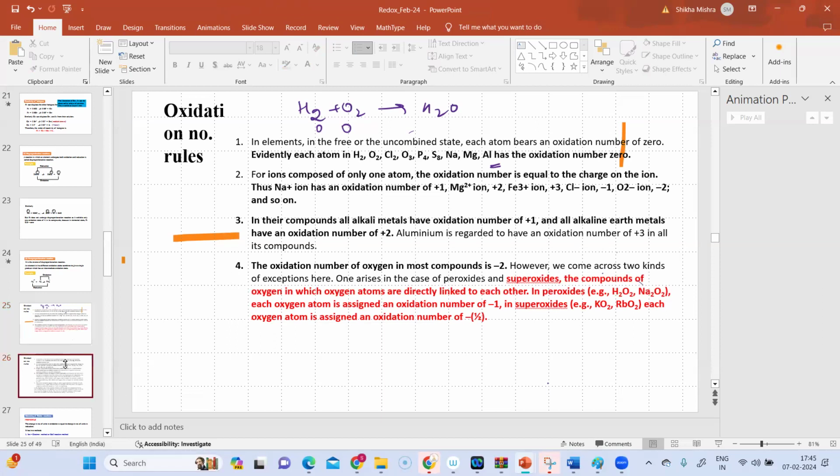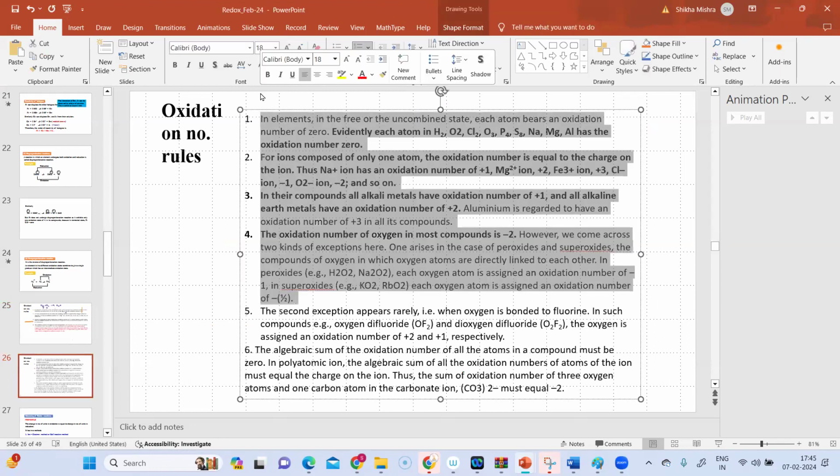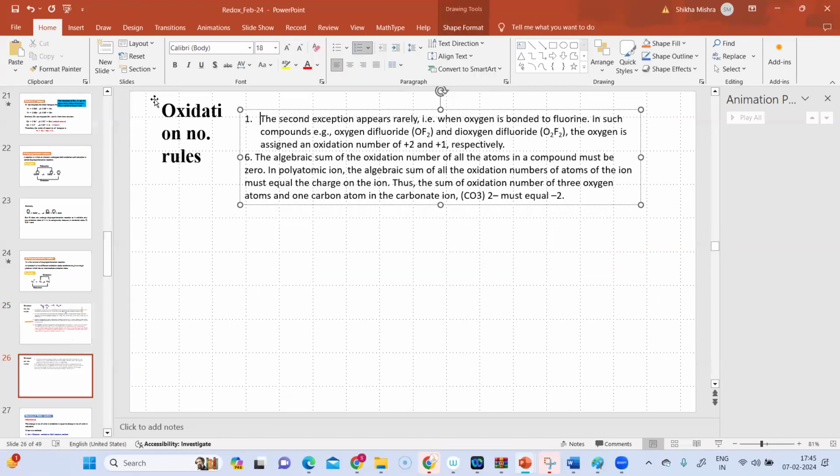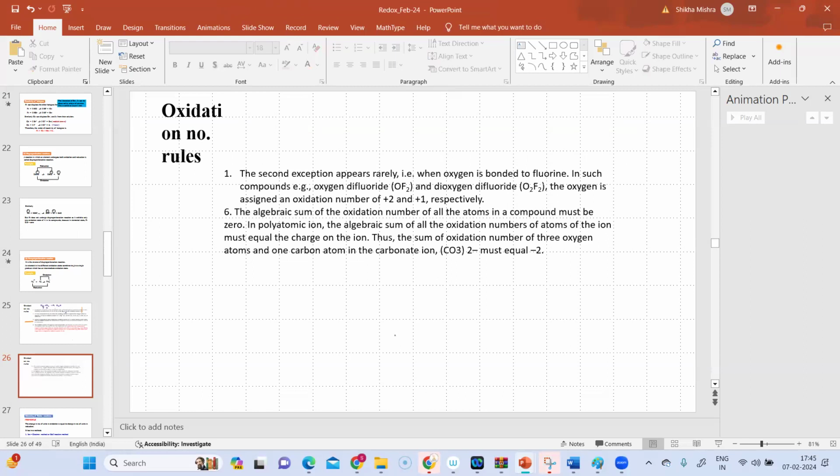Moving to the next rule. Now we'll be talking about rule number 5. For halogens, or specifically for fluorine, we say its oxidation state is always -1, right? But in case of OF2, the compound of oxygen and fluorine, what happens in that case?